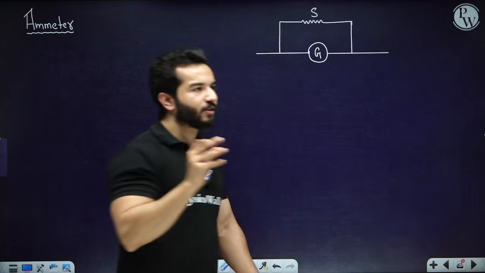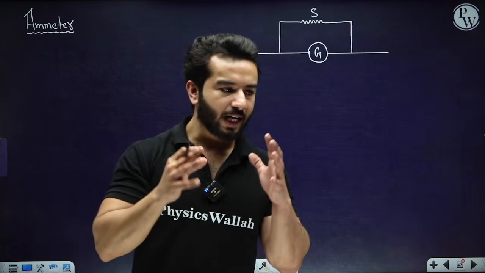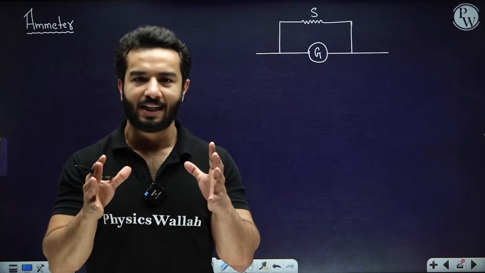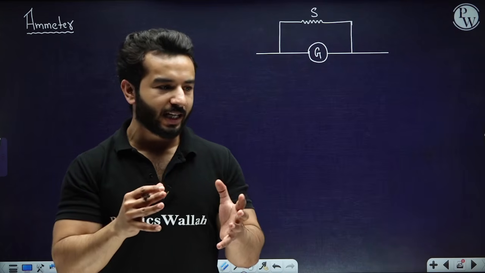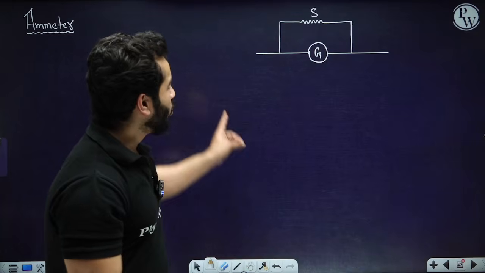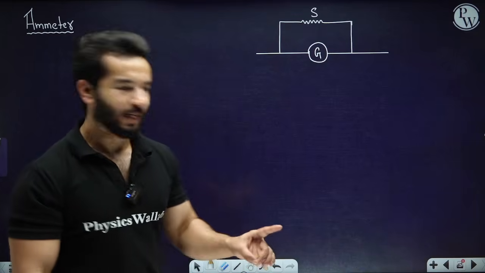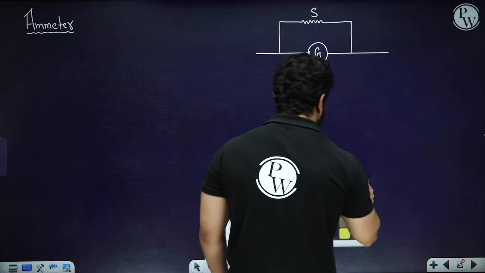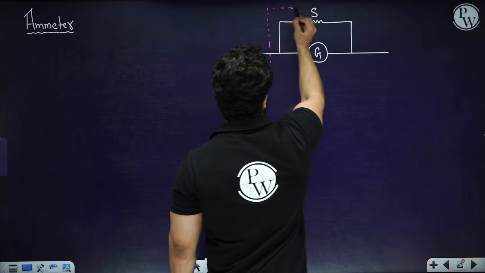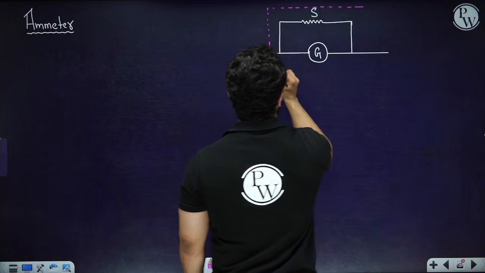Please understand, many students learning the ammeter for the first time think, sir, but the ammeter is connected in series, why are you connecting it in parallel? These are two different things. First of all, this whole thing is known as an ammeter.